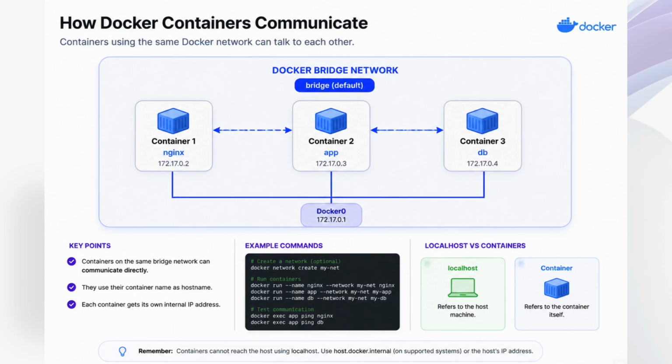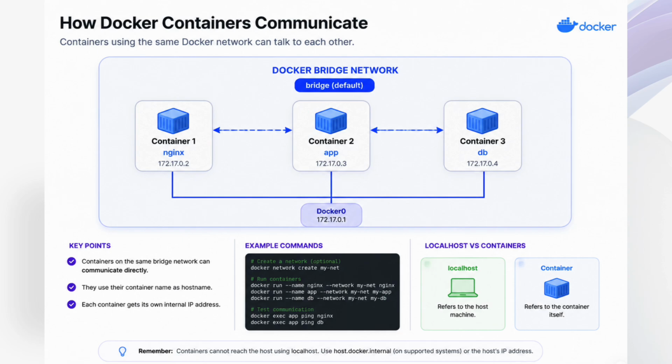Before we finish, let's quickly visualize how Docker networking works internally. Here we can see multiple containers connected to the same Docker bridge network. Each container receives its own internal IP address, but Docker also allows containers to communicate using their container names. That's why our Ubuntu container was able to communicate directly with nginx container.